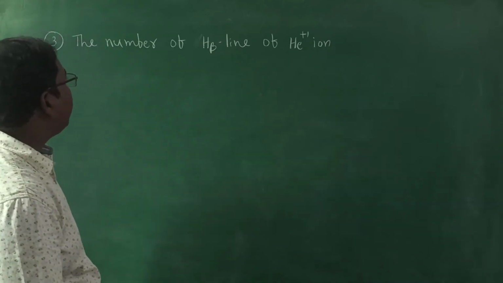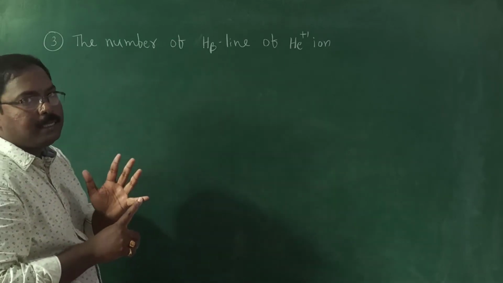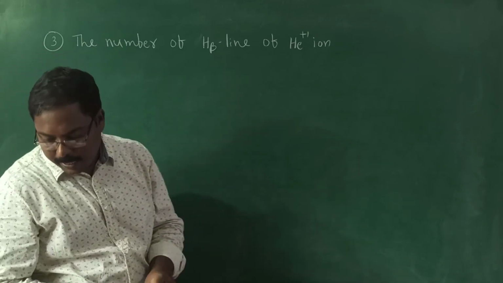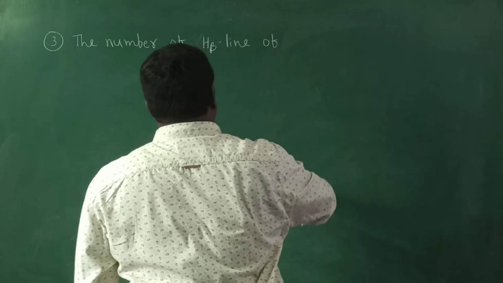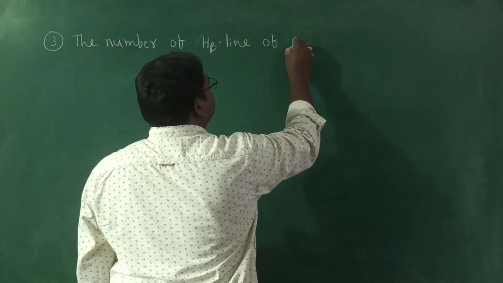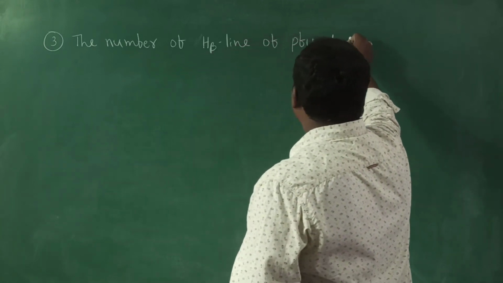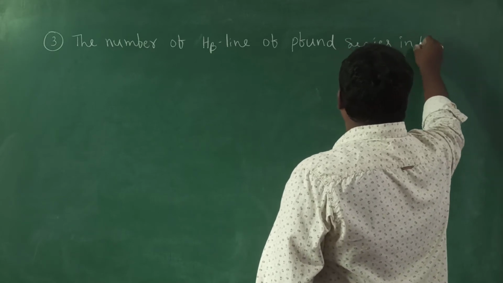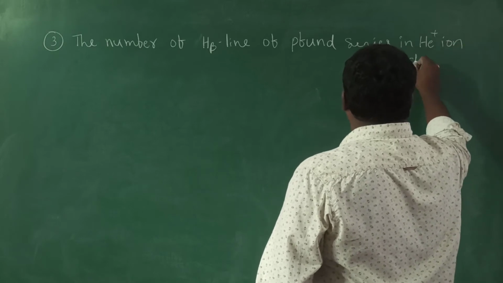Let's calculate once. H beta line. I told you, the first line is called H alpha line, the second line is called H beta line. Let us mention the series also: H beta line of Pfund series in the He plus ion spectrum.